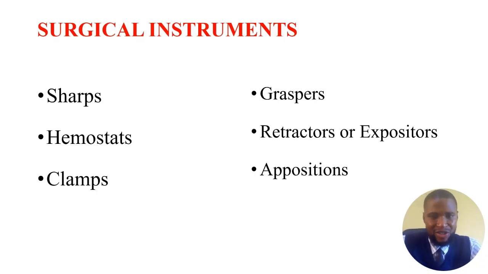Now, the next one is retractors or expositors. Retractors are instruments used in exposition, in looking into a depth so that you are able to see what is down there. Examples of retractors are Deaver retractors, Langenbeck retractors, right-angle retractors, and the like.